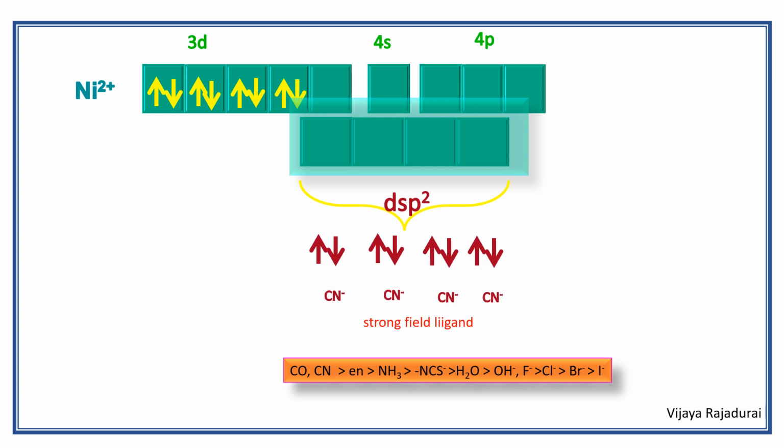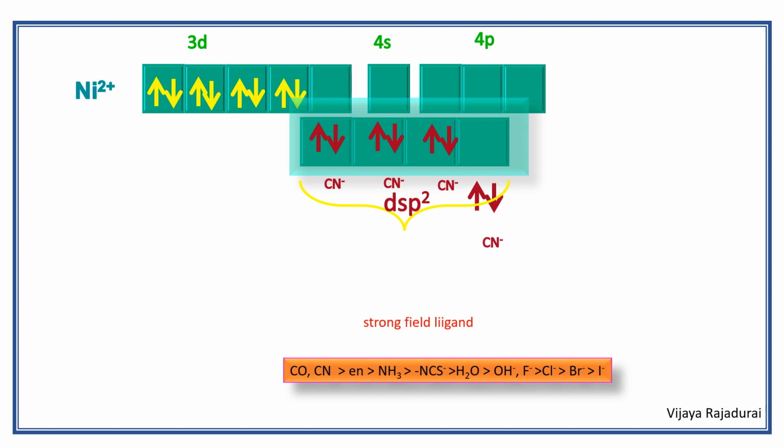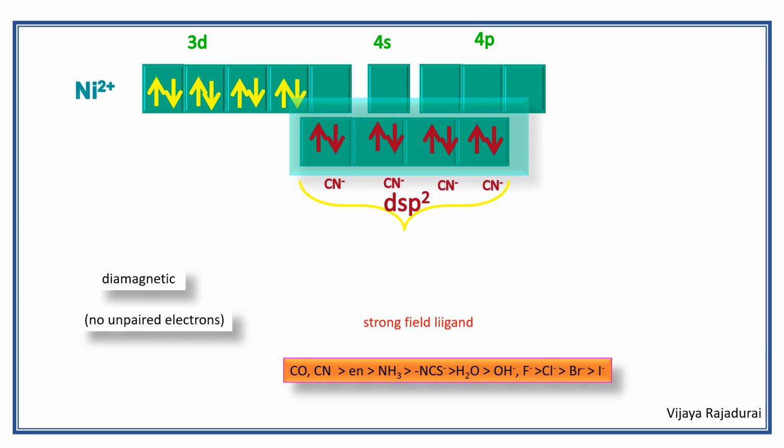The four cyanide ligands donate four lone pairs of electrons to the four dsp2 hybridized orbitals, forming four coordinate bonds to the nickel(2+) ion. After formation of the coordinate bonds, no unpaired electrons are available. So this complex is diamagnetic in nature.